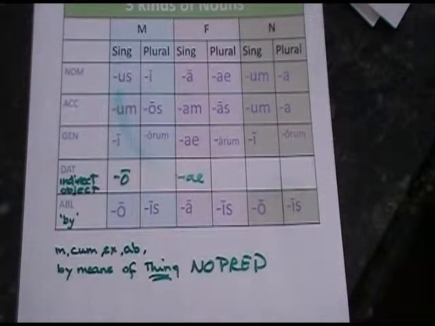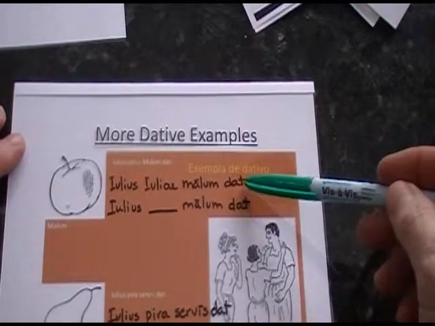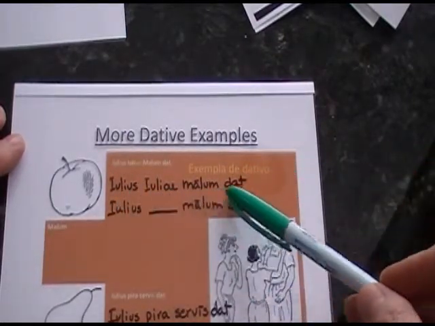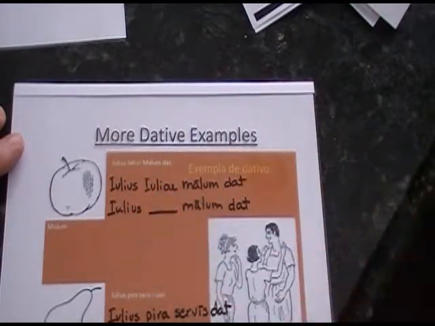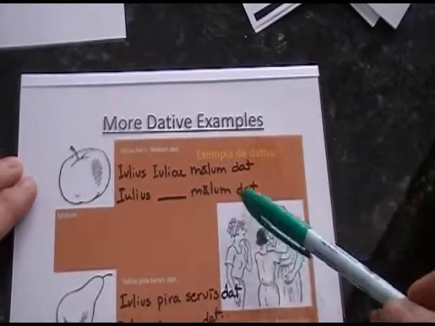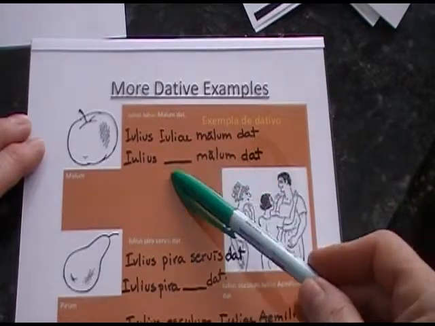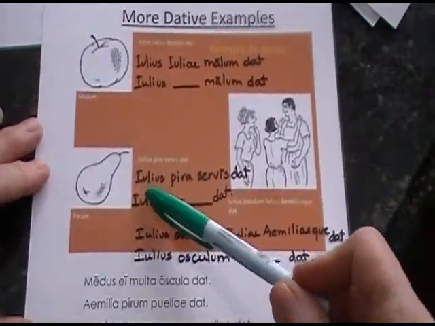Okay, let's look at some other examples. I have written these again larger here. Julius Juliae malum dat. Julius gives an apple to Julia. I'm going to go over this one later when we talk about the pronouns. We're going to learn how to say Julius gives an apple to her. But not right now. Let's just look at this.